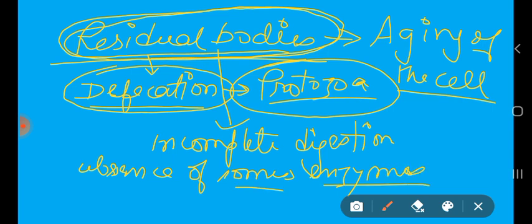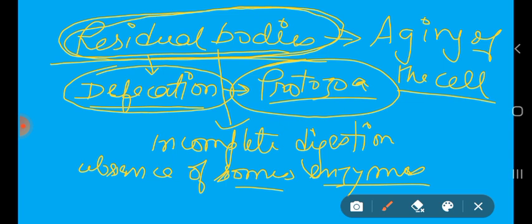And they remain within the cell, due to which the phospholipids, the sphingolipids in some cases, or glycogen may remain within the cell, and as a result it can lead to severe pathologic disturbance. It also leads to aging of the cell.